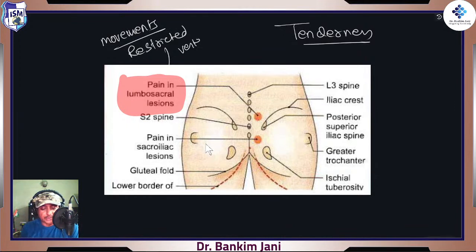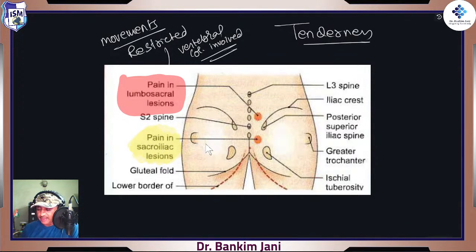So here the vertebral column is involved. When the pain is in the sacroiliac, that is a lower one.